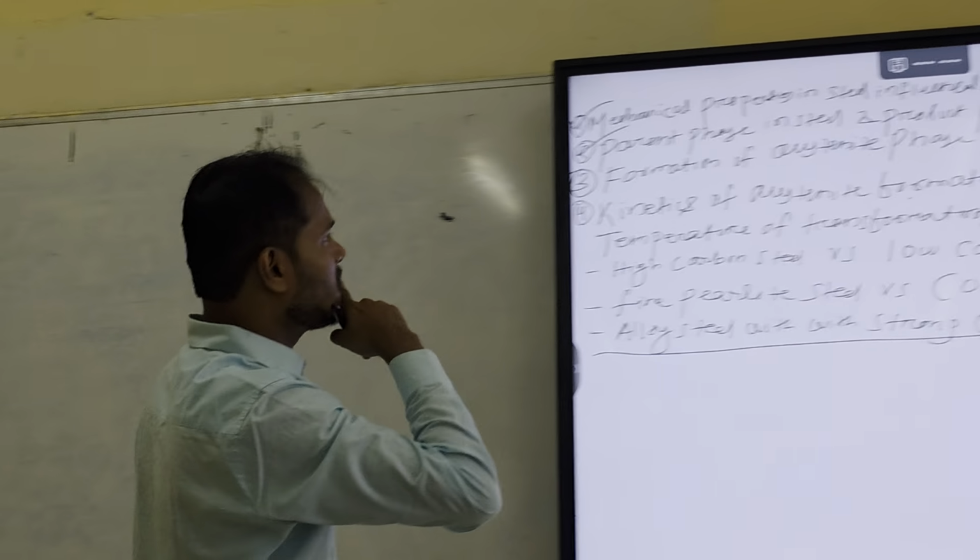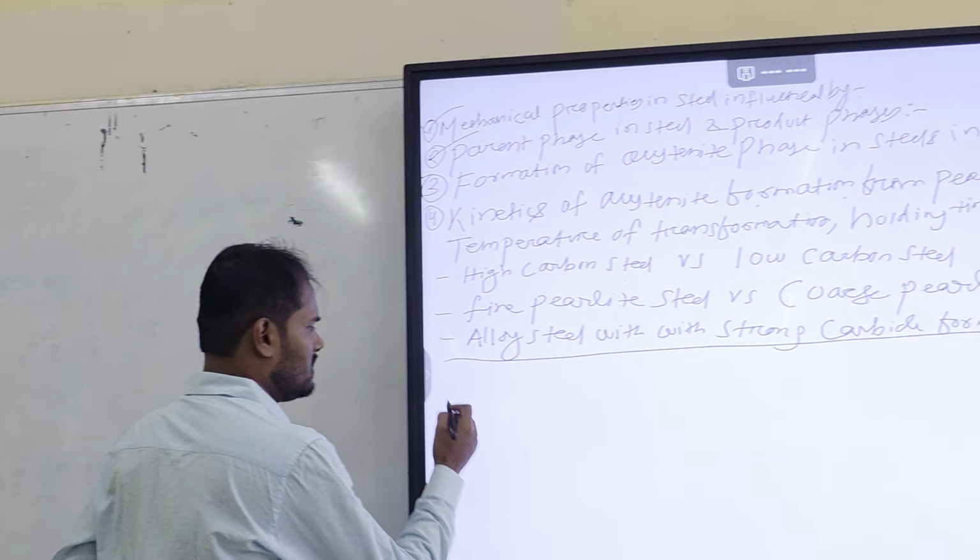Then next is formation of austenite phase in the steel, in hypo-eutectoid and hyper-eutectoid. Okay, fine.